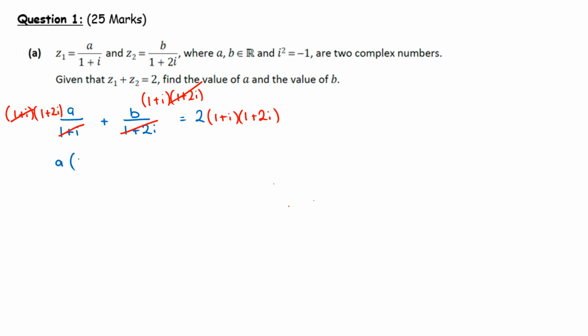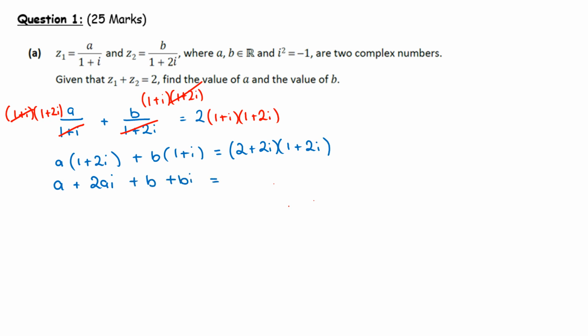And we get A bracket 1 plus 2i plus B bracket 1 plus i equals, I'm going to multiply the 2 in, so 2 plus 2i, and that still needs to be multiplied by 1 plus 2i. So we get A plus 2Ai plus B plus Bi, and that equals 2 bracket 1 plus 2i plus 2i bracket 1 plus 2i.